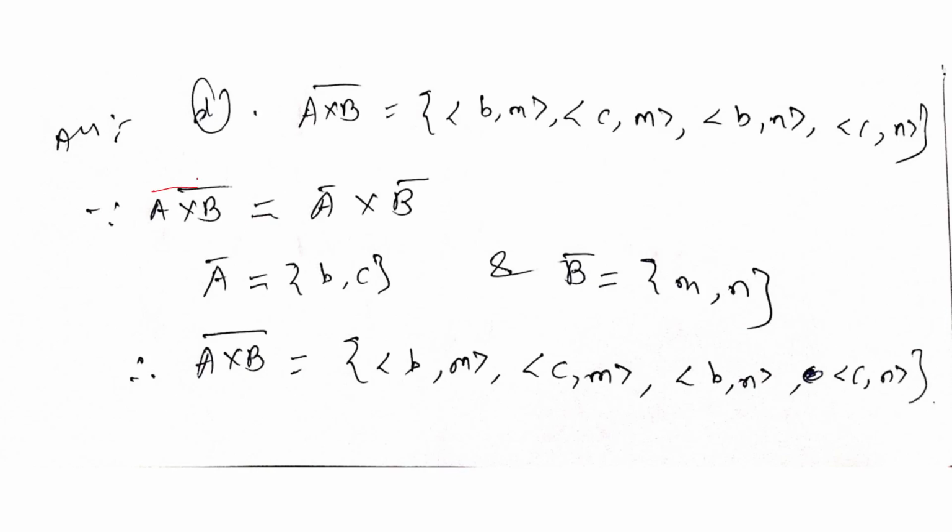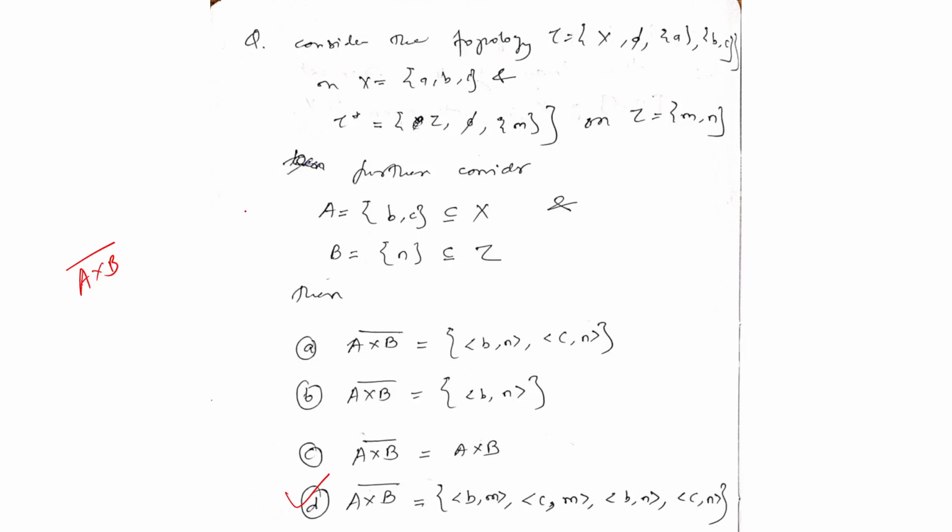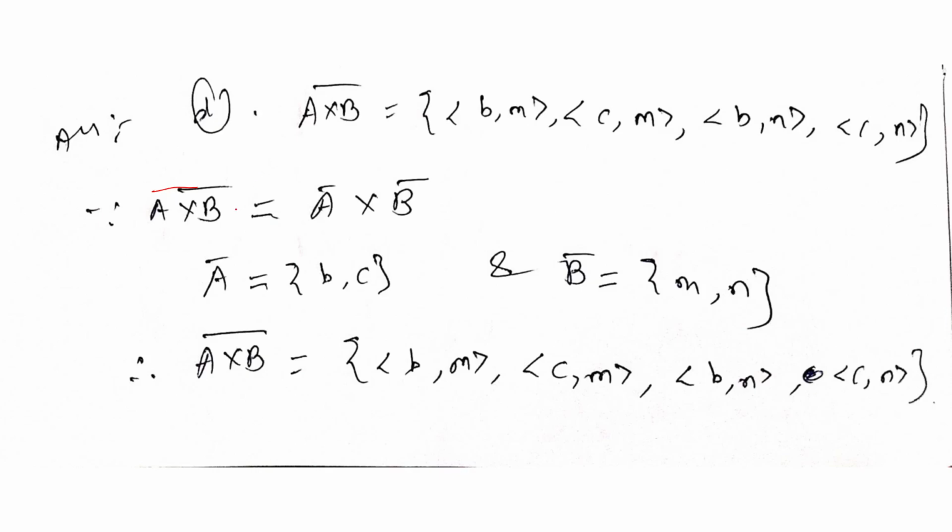So closure of A cross B. Okay. So you are saying you can find a closed set. One approach is that you find A cross B, then find the closed sets and take their intersection. So you will get the closure of A cross B. Another method is directly that A cross B closure can be written as A closure cross B closure.